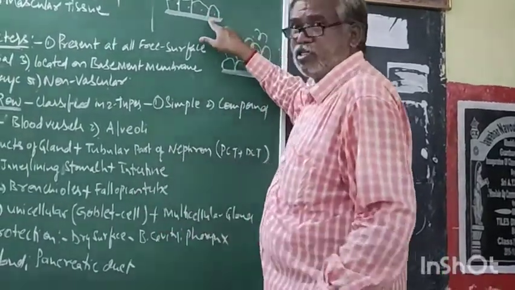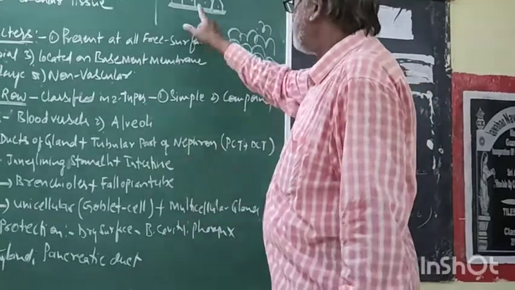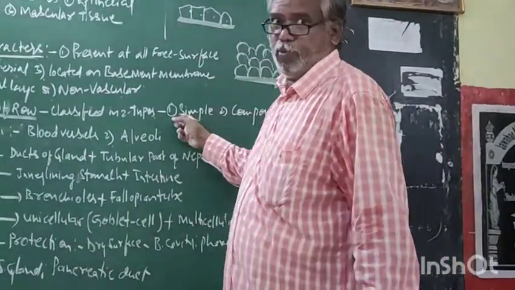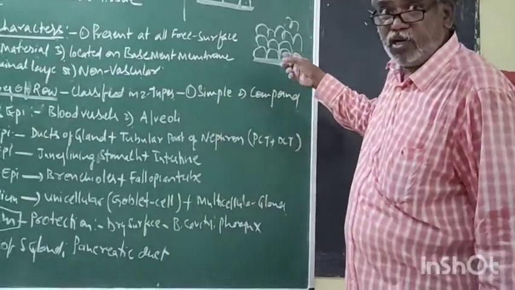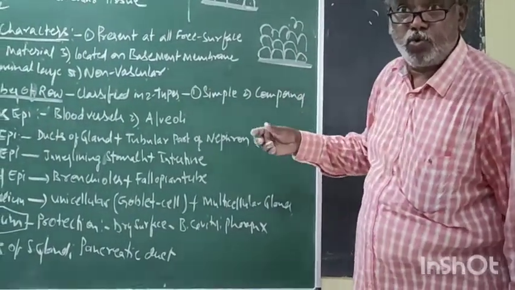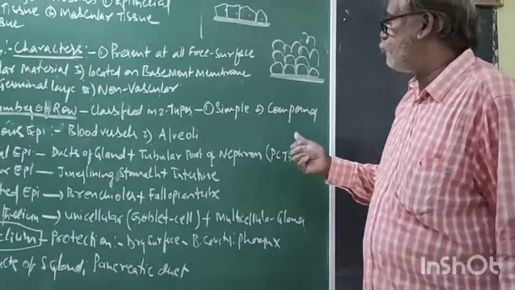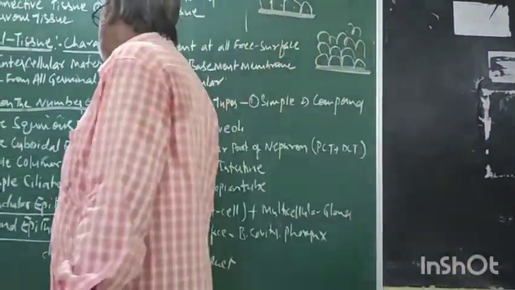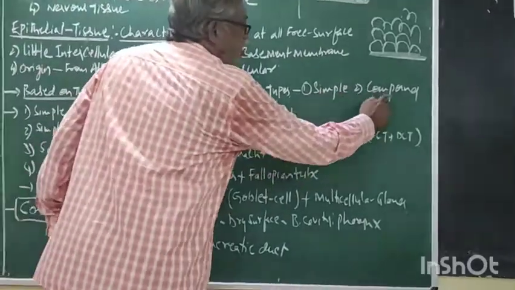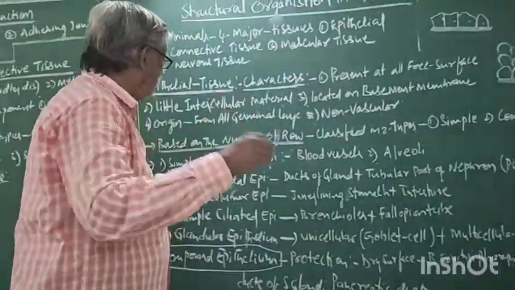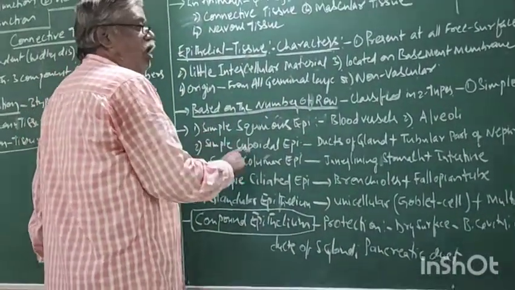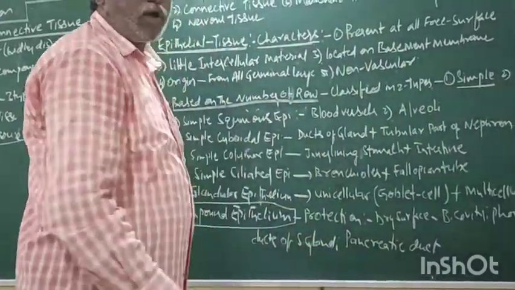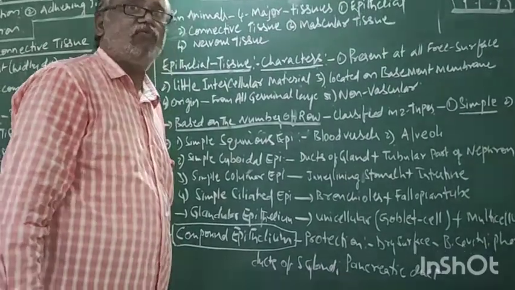If the epithelial cells are arranged in one row on the basement membrane, it is called simple epithelium. If the cells of epithelium are arranged in two or more than two rows, it is called compound. So based on the number of rows, the epithelium is classified into simple and compound. Again, simple epithelium is classified into 4 or 5 types based on their structure and function.